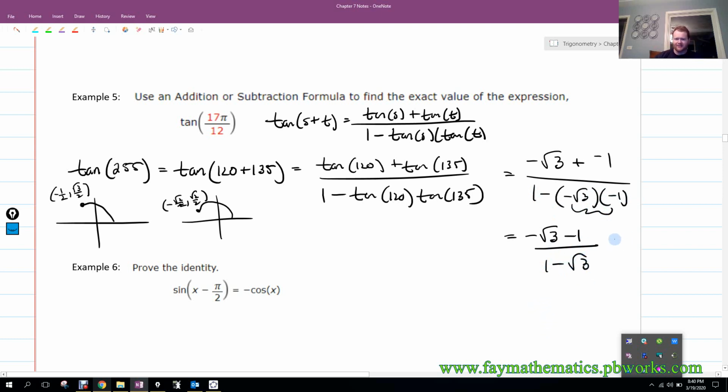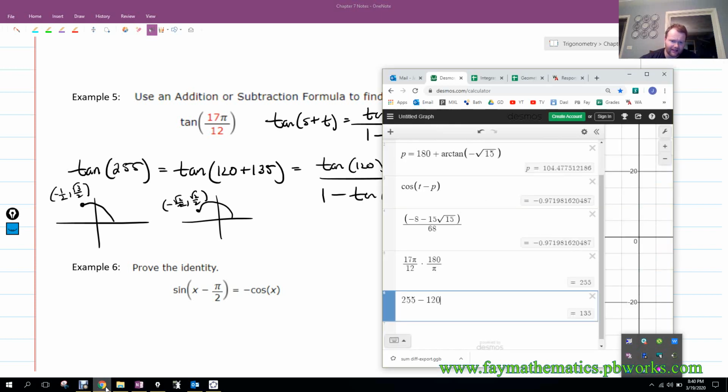If I factor a negative out of the top, it gives me root 3 plus 1, and I was seeing if these would cancel or anything. They don't. So that's the tangent of 17 pi over 12.